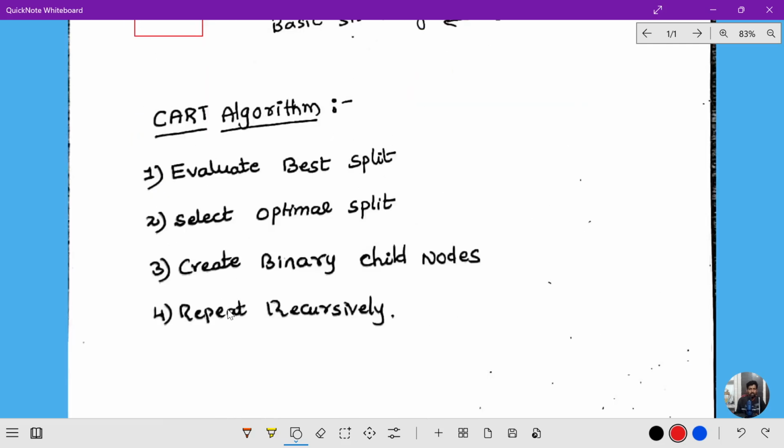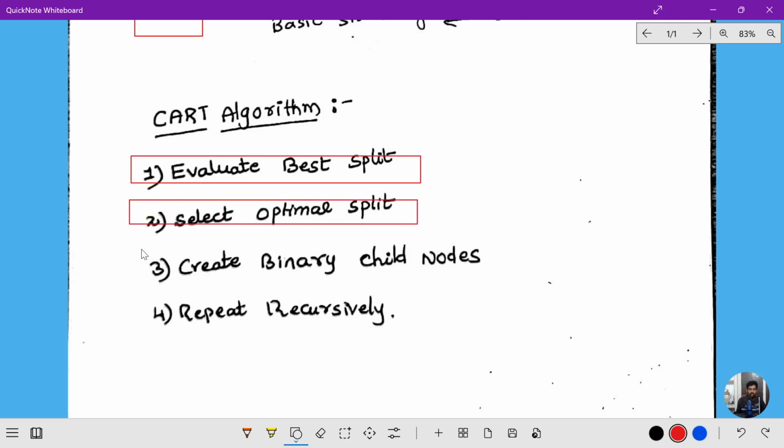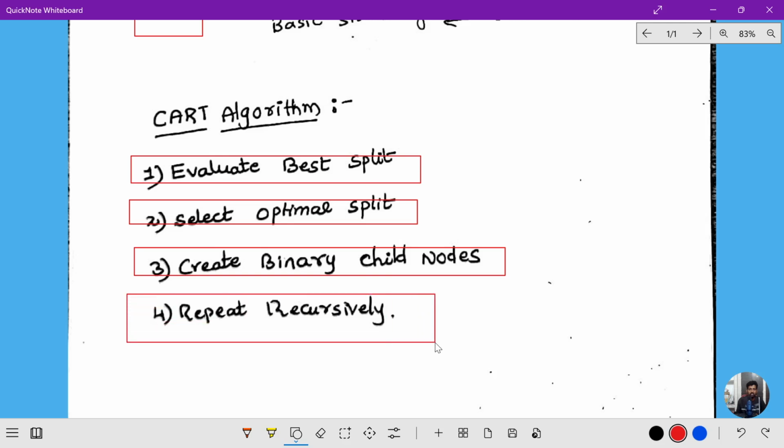Now what is the basic algorithm related to CART? First, we need to evaluate the best split. Second, we need to select the optimal split. Third, we create binary child nodes. And fourth, repeat recursively. These are the major steps in CART.